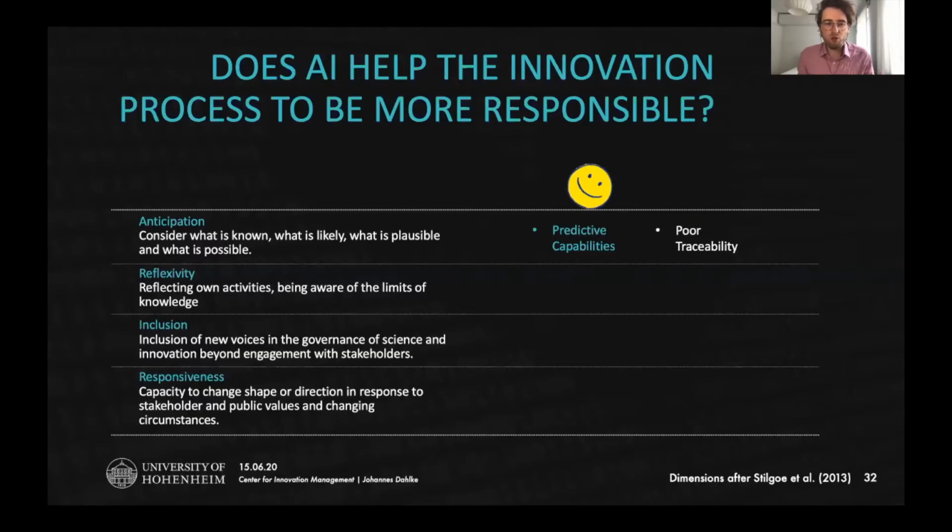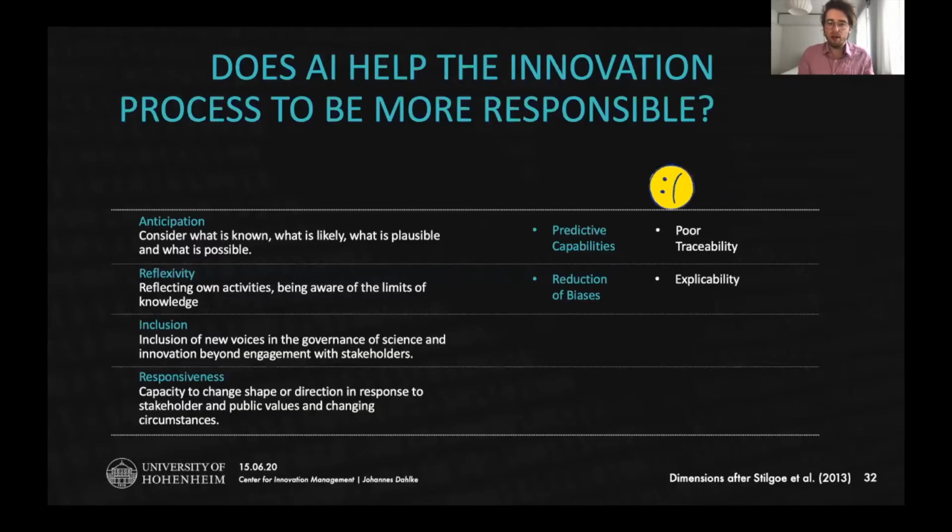The next dimension is reflexivity. So this means, as an innovator, reflecting on your own activities and being aware of the limits of knowledge. And maybe also second order reflexivity, meaning being aware of the cultural influences, or for example, the influences of a company culture on the innovation behavior. And here, AI systems may help us in reducing cognitive biases, as we just saw when talking about the design phase in an innovation process and the problem solving phase.